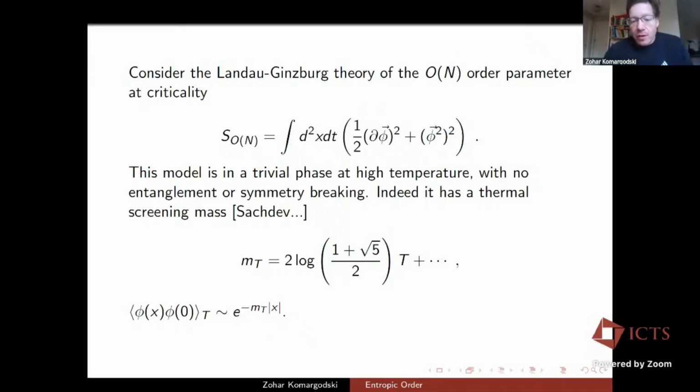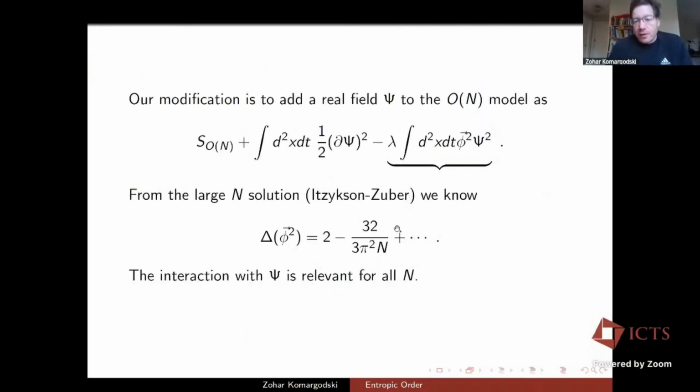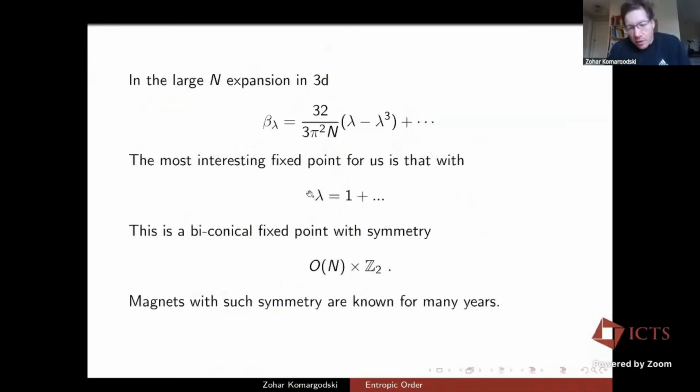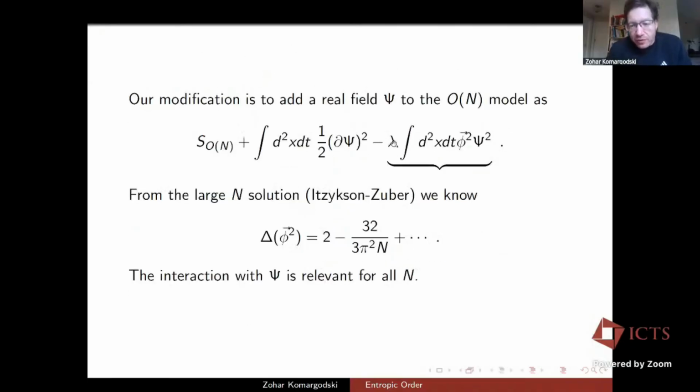Okay, now, what does this model do? Because of this minus sign, there is a crucial minus sign. There is a unitary fixed point where lambda is positive, you see? At the fixed point, this coupling constant goes to -1 in some conventions.